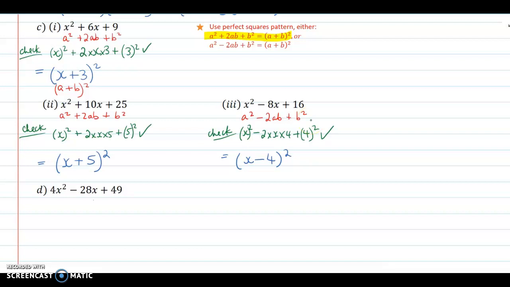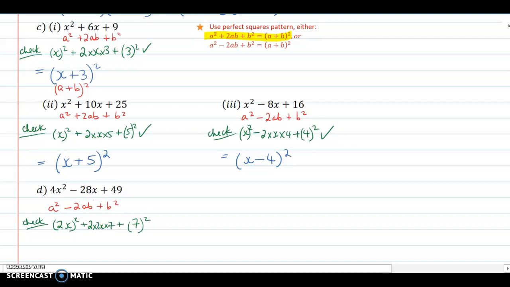All right, have a go at D. It is a perfect square. It's just not got the simple parts of the perfect square like we saw with the first 3 that we've done. So with this one, you should be able to see that 4x squared is a square number. It is simply 2x all squared. When I check the last one, that's easily spotted as 7 squared. And then in the middle, do I have 2 times 2x times 7?